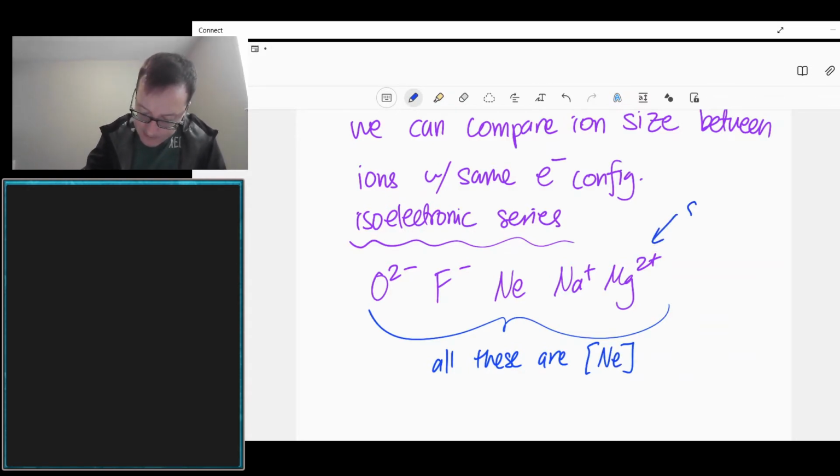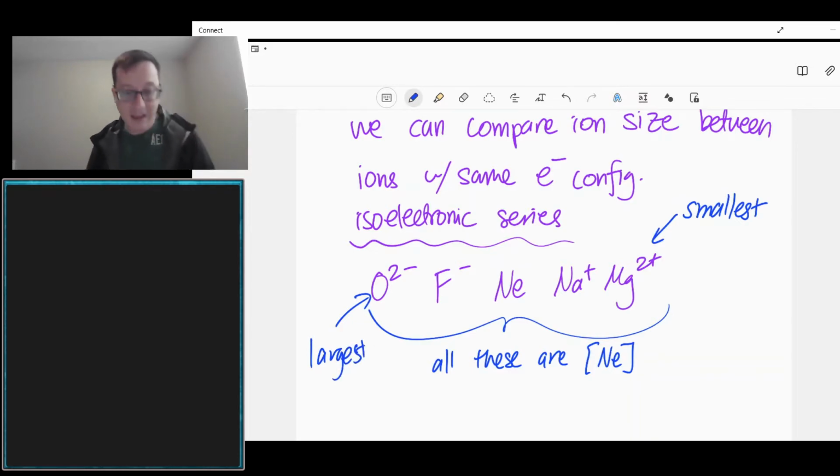And we're going to see that this one will always be the smallest, and this one will always be the largest. So the most negative of an isoelectronic series will always be the biggest one, and the most positive one will always be the smallest. The reason is you have the same number of shells as everyone else, but you have more protons. More protons means things are more attracted, and they come in.